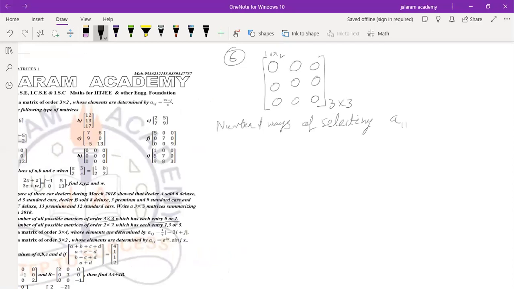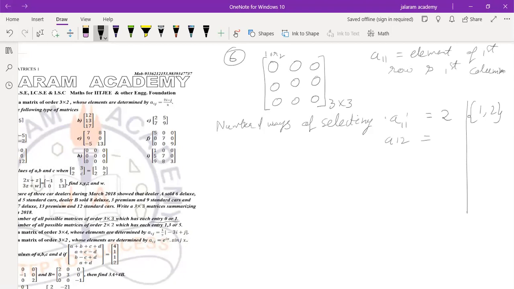A11 means the element of the first row, first column. So how many ways are there of selecting the element of the first column? There are 2, either 1 or 2.